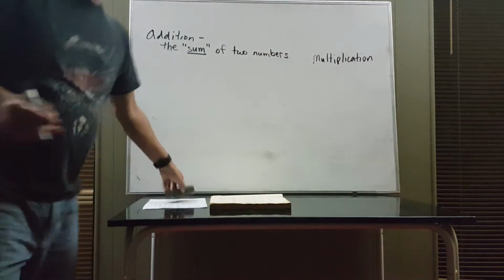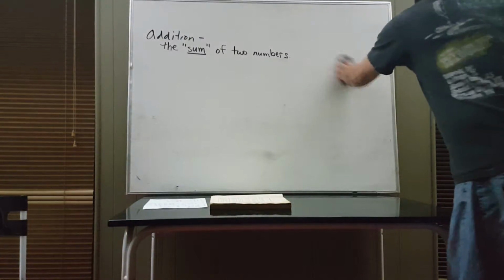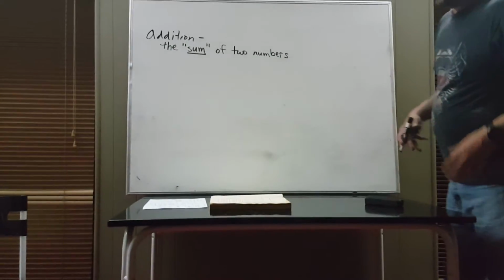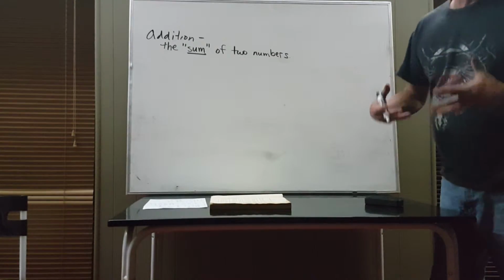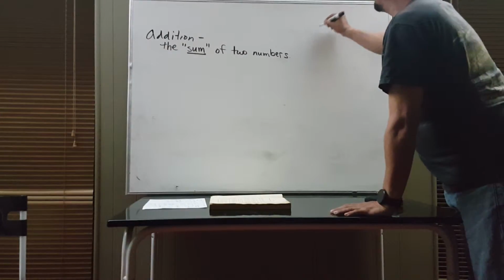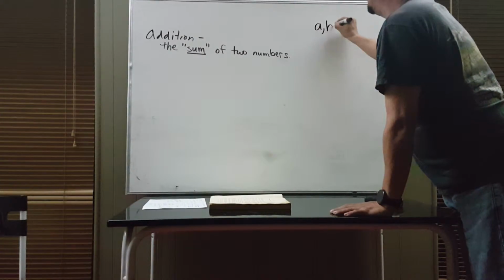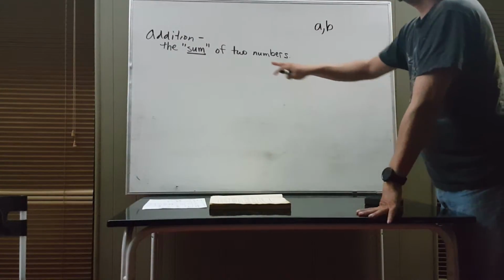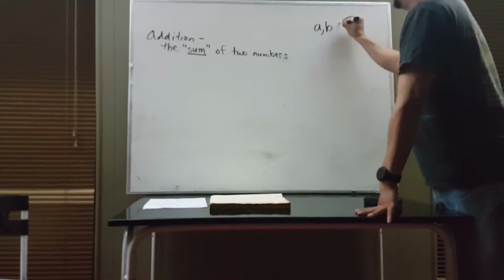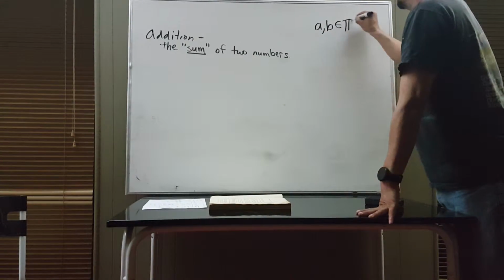And when I do this, there's some notations that I want to add, and we really haven't talked about some of the fundamental objects in algebra yet. Objects meaning numbers. But I want to say that A and B, when I talk about numbers, are real numbers.